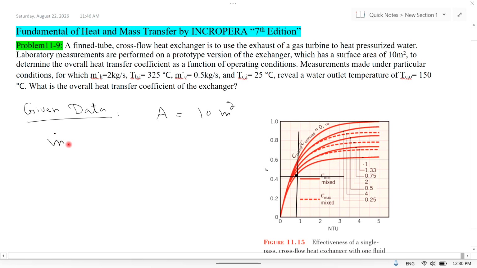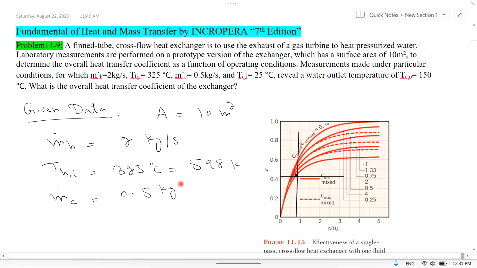m dot h, the mass flow rate of hot gases from the turbine, is 2 kg per second, and Thi, the temperature of hot gases at inlet, is equal to 325 degrees centigrade, which in Kelvin, adding 273, is equal to 598 Kelvin. m dot c, the mass flow rate of the cold water, is 0.5 kilogram per second.